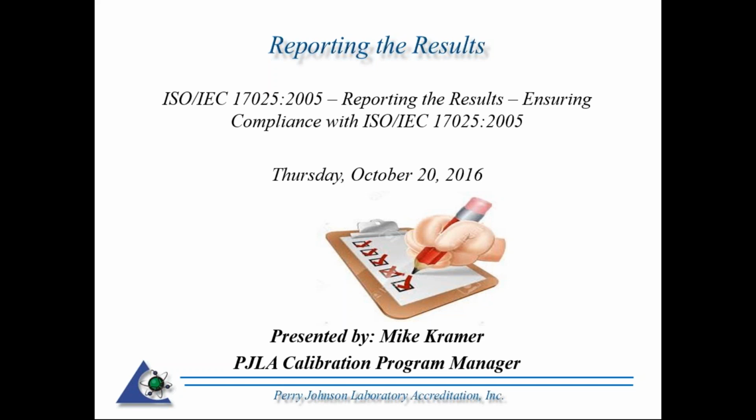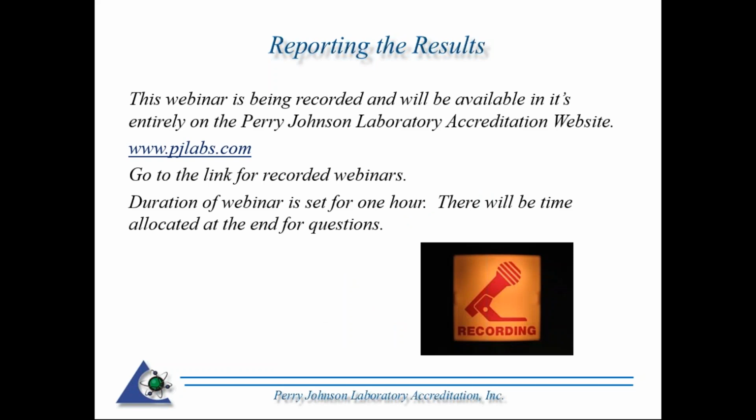To me, this is the finished product, the end result. 17025 is related to calibration and testing lab compliance with that quality management system. When all is said and done, what your customers are finally receiving and what you're producing is what's specified in section 5.10, reporting the results.